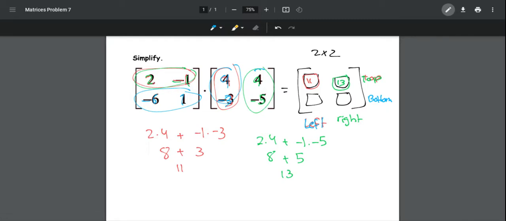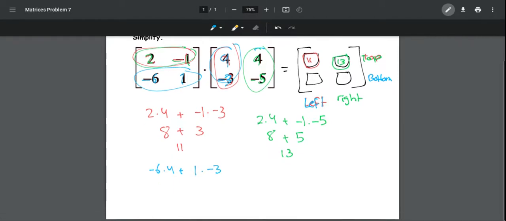So we're going to have -6 times 4 plus 1 times -3. -6 times 4 equals -24, plus -3. The answer is going to be -27. So the answer is -27.